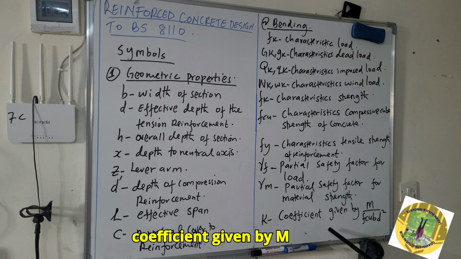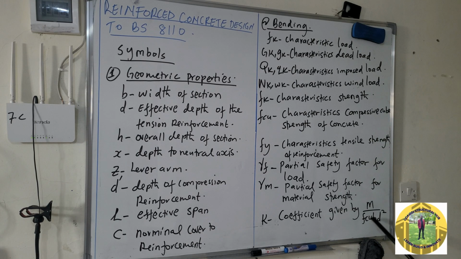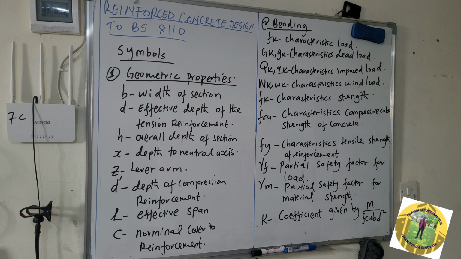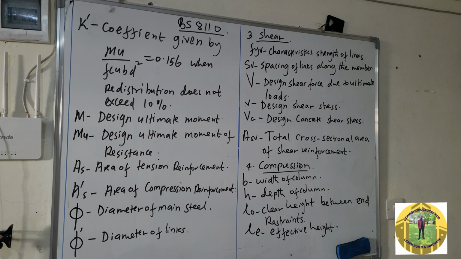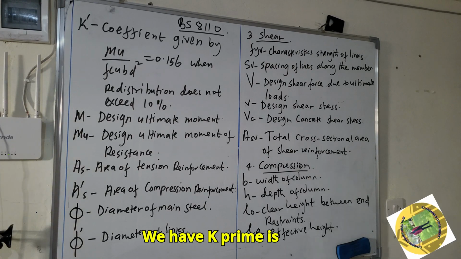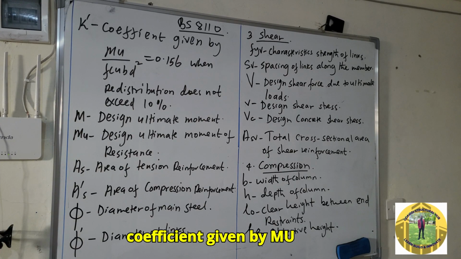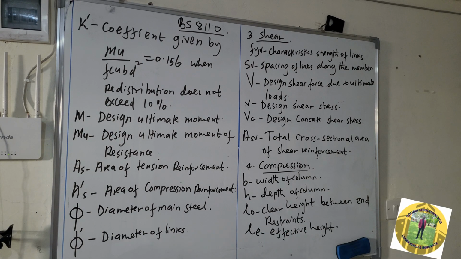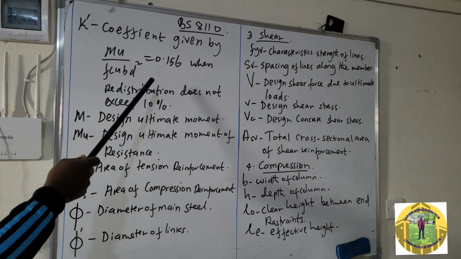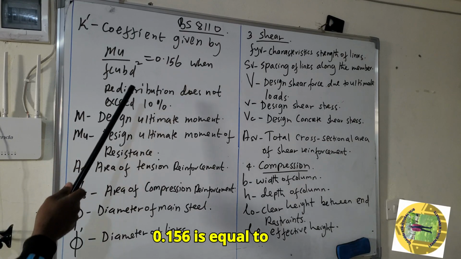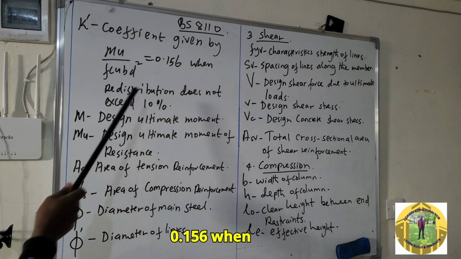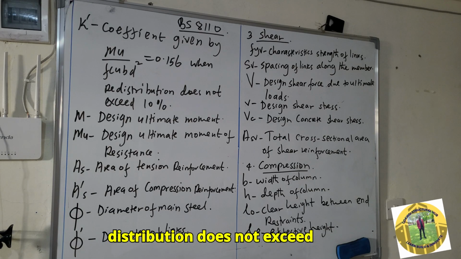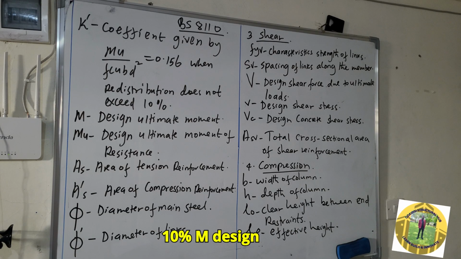K, coefficient given by M over fcu b d squared. We have K prime, coefficient given by Mu divided by fcu b d squared, whereby K prime is equal to 0.156 when redistribution does not exceed 10%.